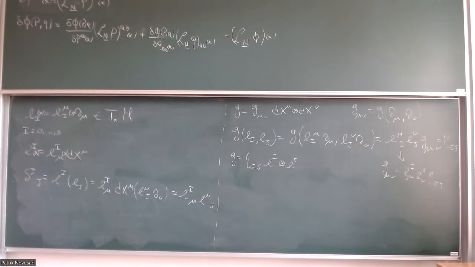Because we can also invert the Minkowski matrix, so that eta ij would come from this one.